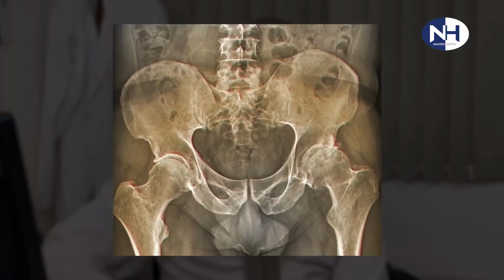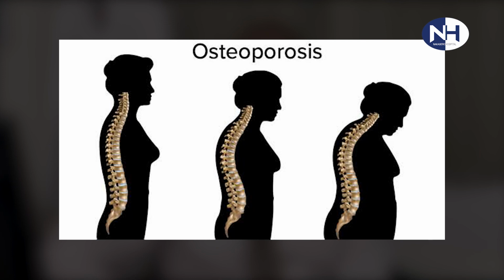And these patients may present with pain in their bones, but the majority come when they have already developed fractures. The fracture can be in the hip joint, or it can be in the spine. But of course, the majority present with just bone pain.